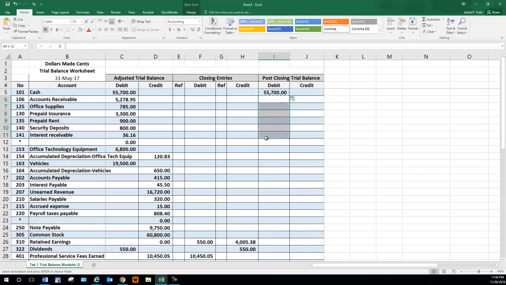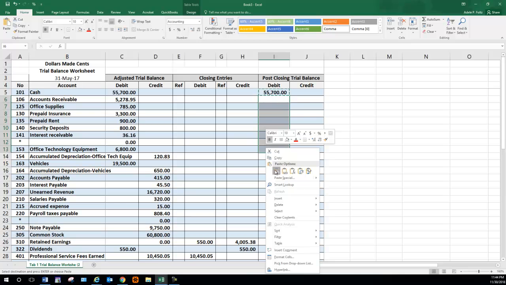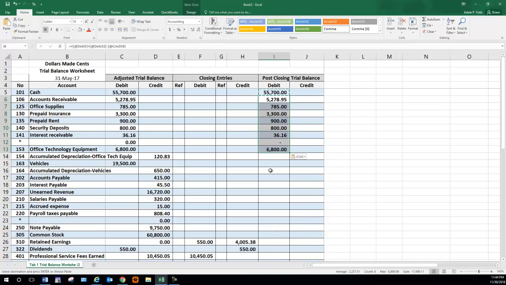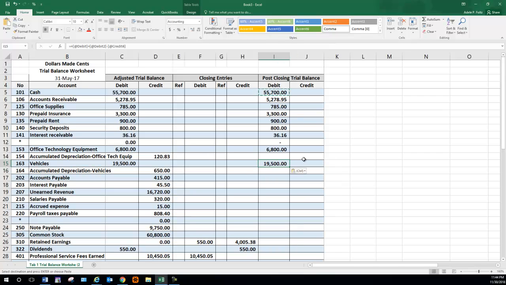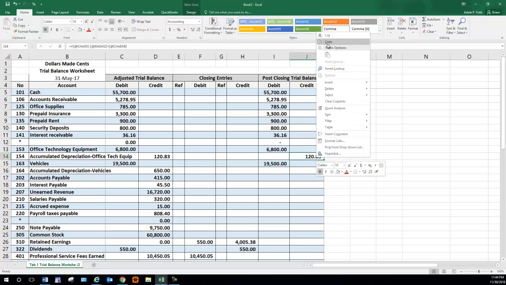There weren't any entries here for these debits, and that's also the same thing. And my accumulated depreciation, we have a credit balance, so we're going to take that credit balance. A debit would make it go down, so I'm going to subtract any debits. A credit would make it go up, so I'm going to add that. And there's my ending balance.